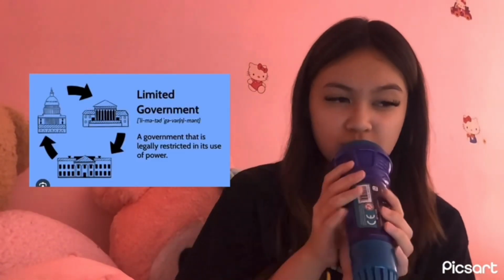So, you're probably wondering, why are civil liberties so important? Well, basically, civil liberties are freedoms that are guaranteed by the U.S. Constitution. Limitations placed on government, which means not allowing government to interfere with our personal freedom. So, civil liberties are basically the natural rights which are inherent to each person.